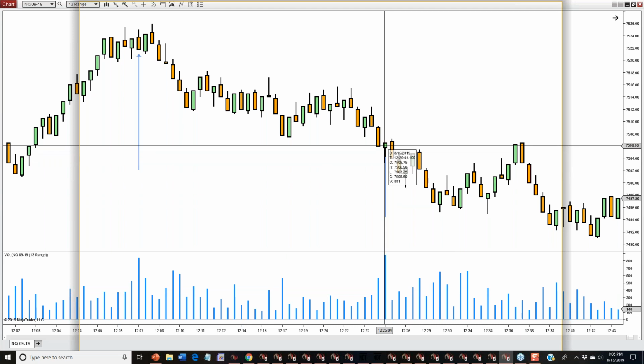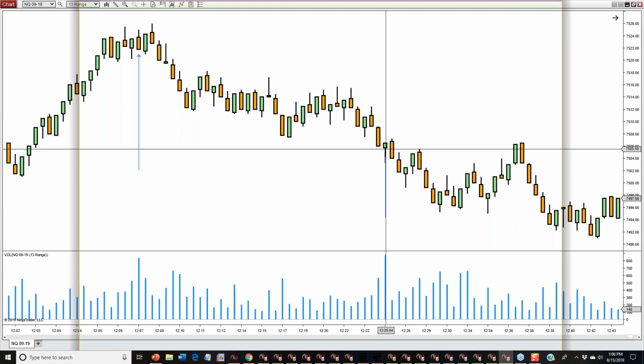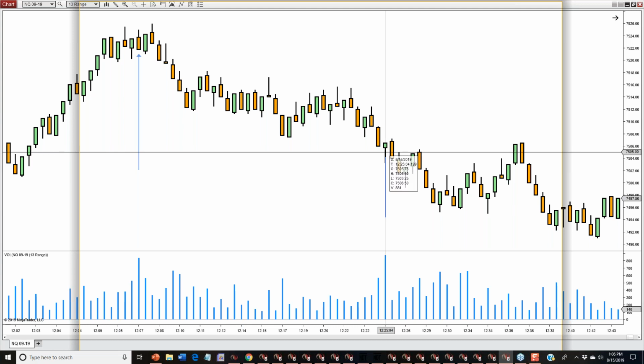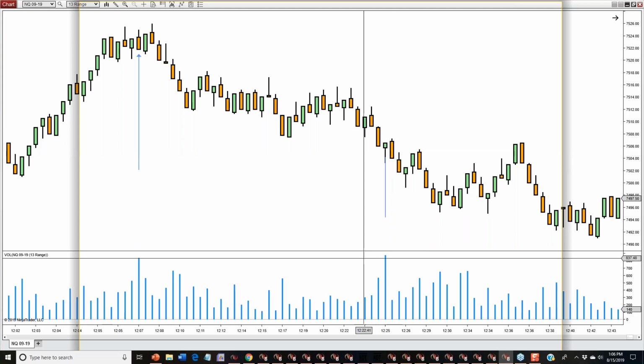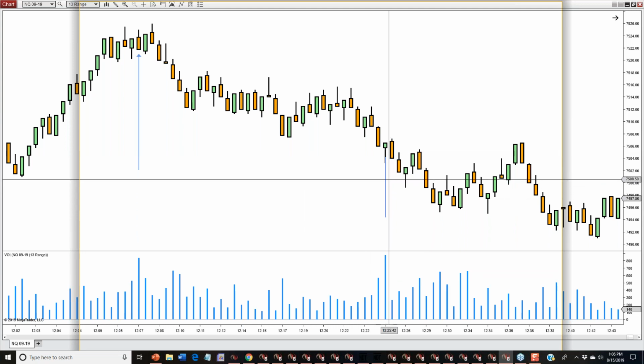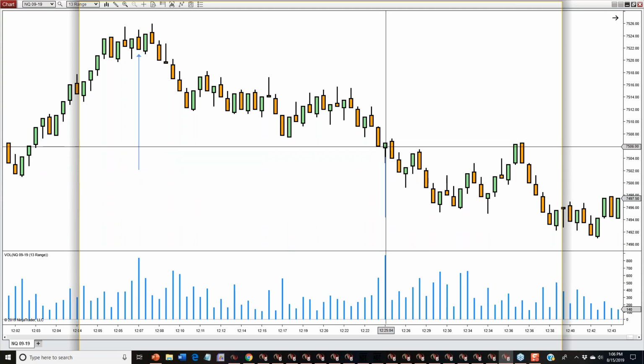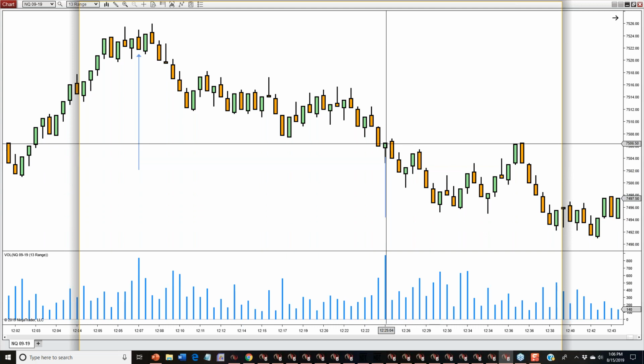Now, you can always right-click over it. It's going to open up a little box that's going to tell you how much time it took. But that's a labor-intensive, slow process. And this spike in and of itself represents nothing. It may be that the power of the bulls and the power of the bears right here are equal, and it took a long time for this candle to form.